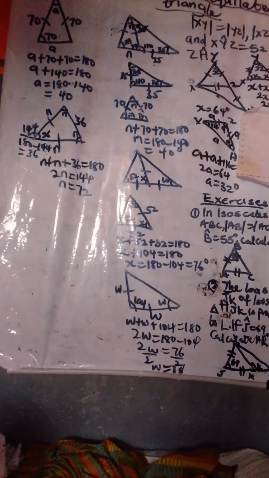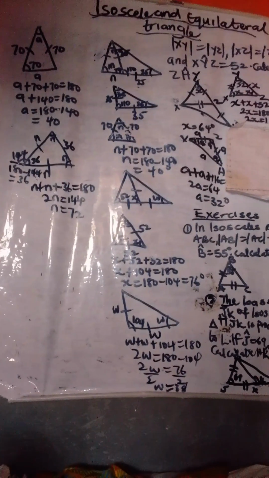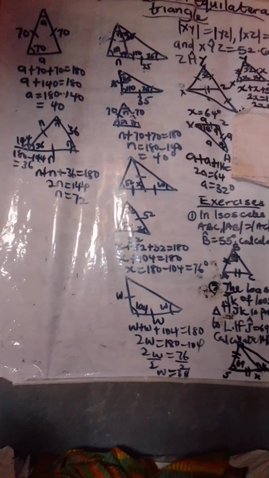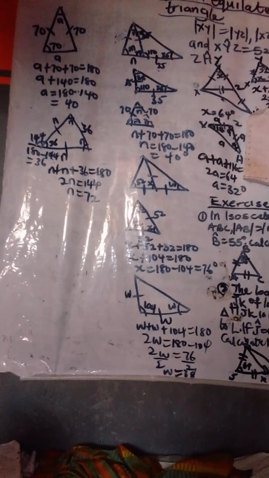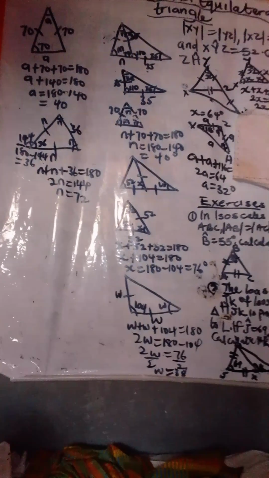So what you are going to notice, isosceles triangle is a triangle in which the two sides are equal. You note that the sum of the angles in a triangle is 180. And where the angle is facing is what we call opposite. From there, you pick your points one after the other. This is x.